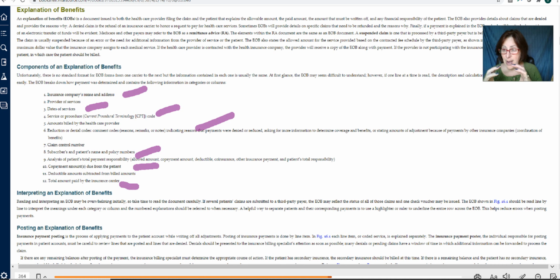Here's the amount I'm paying you, and this is how I came to the calculation of that amount, so you can follow our logic. And they will give that claim a claim number.